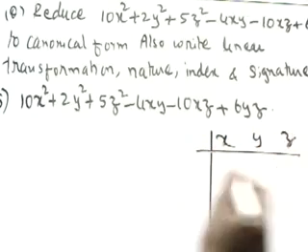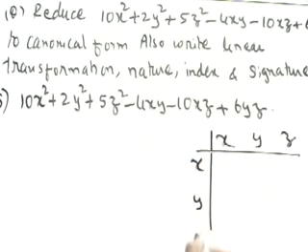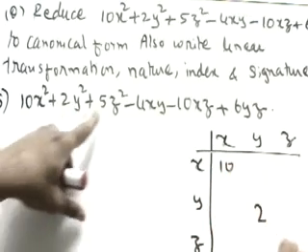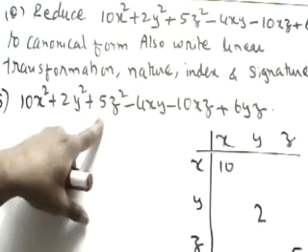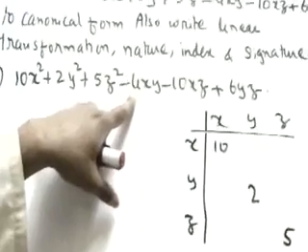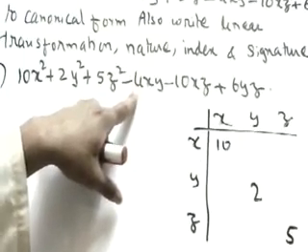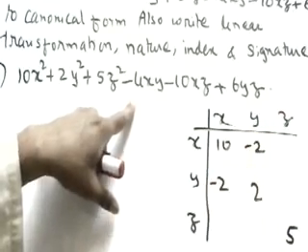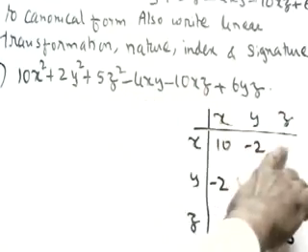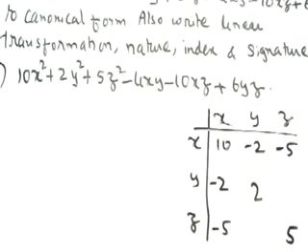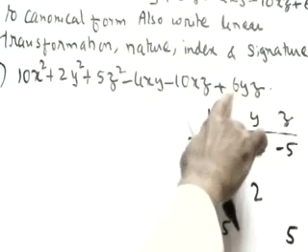We have variables x, y, z. The x square coefficient is 10, so here it is 10. The y square coefficient is 2. The z square coefficient is 5. The xy coefficient is minus 4, we have to reduce to half, minus 2, so here it will be minus 2 and minus 2. The xz coefficient is minus 10, reduce to half, minus 5, here also minus 5.